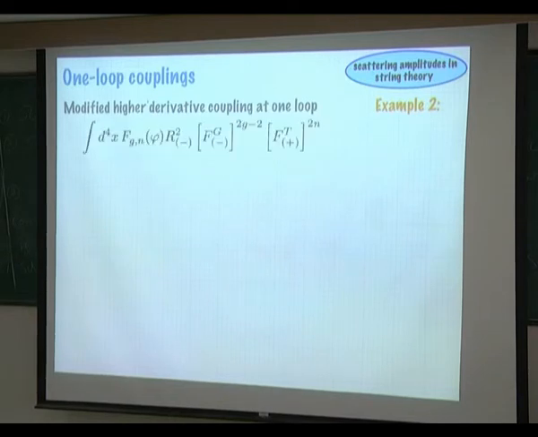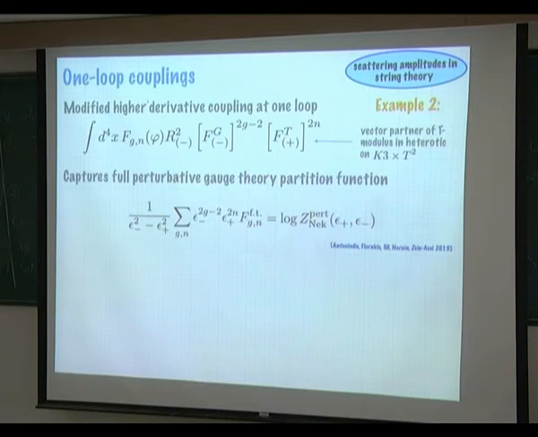The answer is yes. So what you have to do is you refine these couplings. So on top of the Riemann tensors and the graviphoton field strength tensors, you now also add vector partners of the T modulus. So think of this as now an amplitude in heterotic on K3 times T2. Then F_T is the vector partner of the heterotic T modulus.